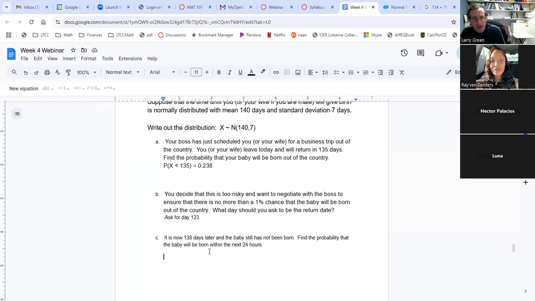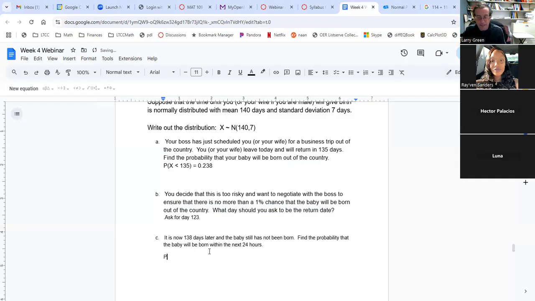Okay, so we know the baby hasn't been born yet, 138 days later. That's a given. Once we're given that it's been at least 138 days, now we want to find the probability that they'll be born between 138 and 139.